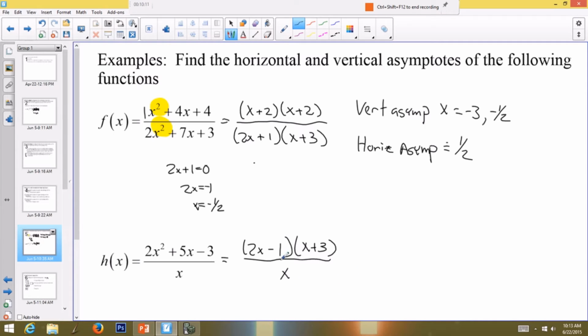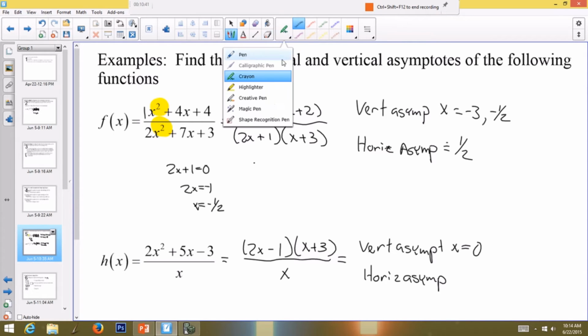So again, I am in an instance where nothing cancels here. Neither of these two factors cancel. So I have only one vertical asymptote, and that's at x equals 0. Why? Because 0 is the only thing that makes that equal to 0. Then, if I want to do the horizontal asymptote, I look at the degrees of the numerator and the denominator.